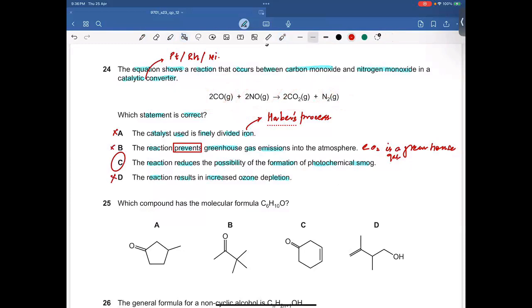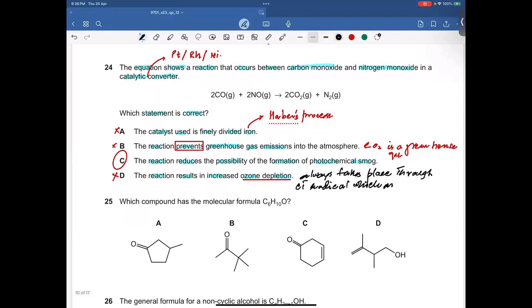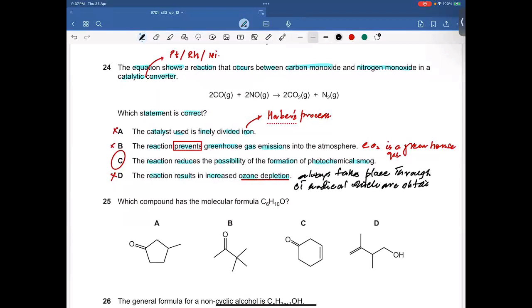So ozone depletion always takes place through chlorine radicals, which are obtained through homolytic fission of CFCs. And since there are no CFCs in this scenario, D is an incorrect option.